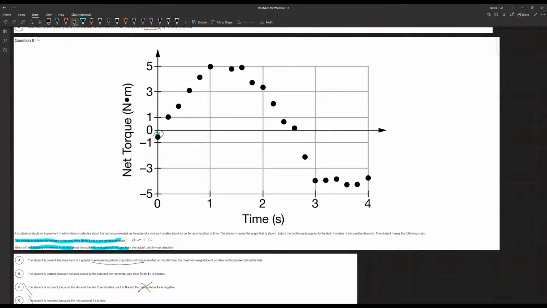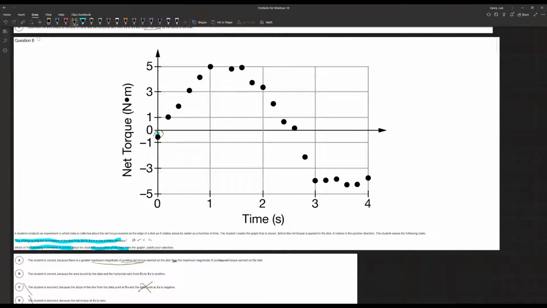Let's see here. The student is correct because there is a greater maximum magnitude of positive torque exerted on the disk than the maximum magnitude of positive torque exerted on the disk. I wonder if they meant negative here, because they're making a comparison, and here they said positive torque, and then here they kind of reworded.